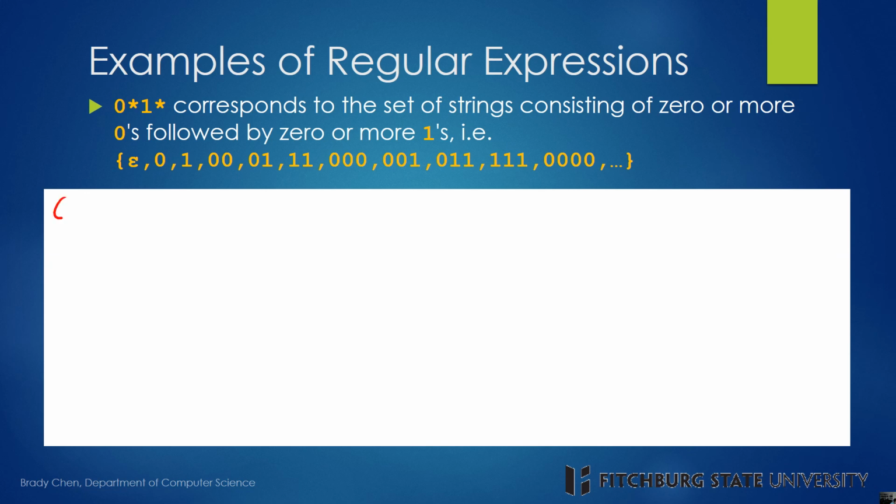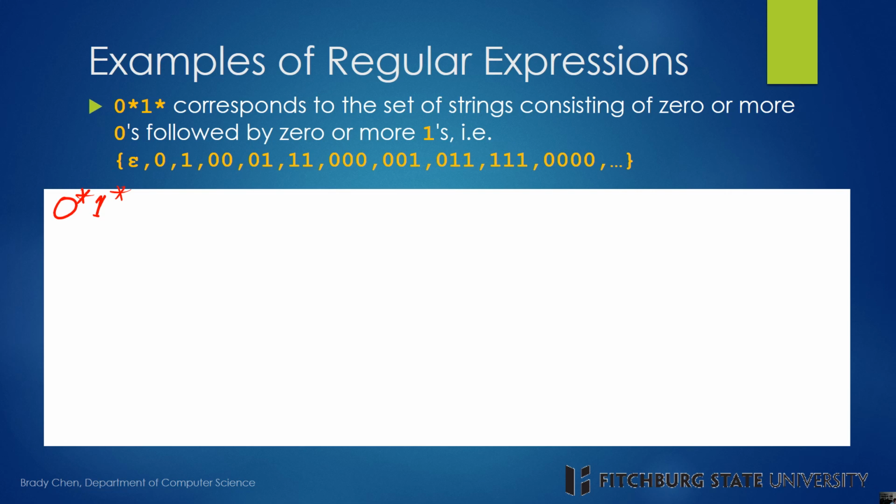0 star, 1 star. Now, before we understand what this regular expression means, we first need to figure out how we can interpret it. So we need to figure out the convention of the regular expression.